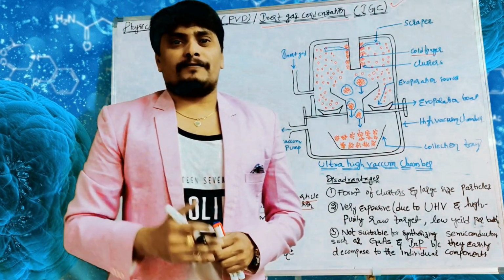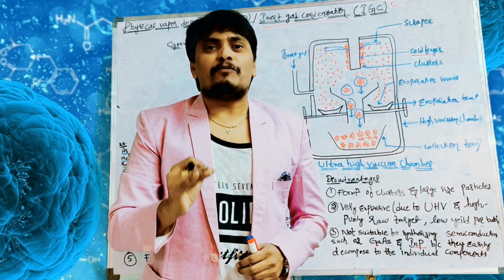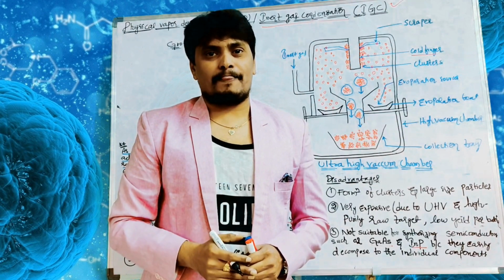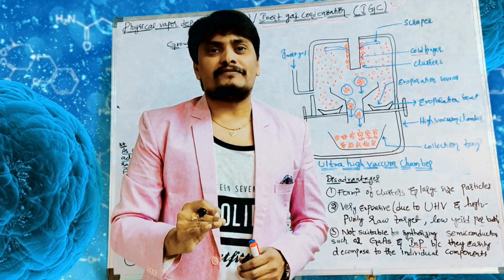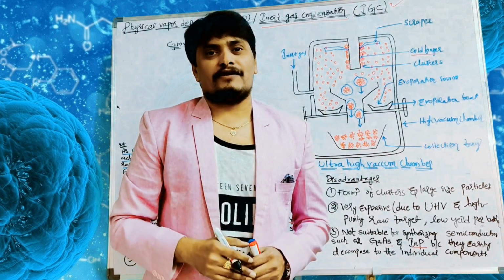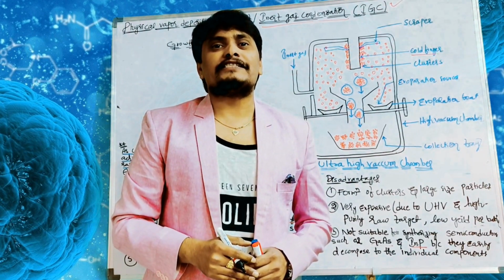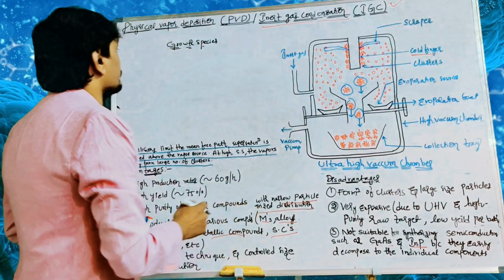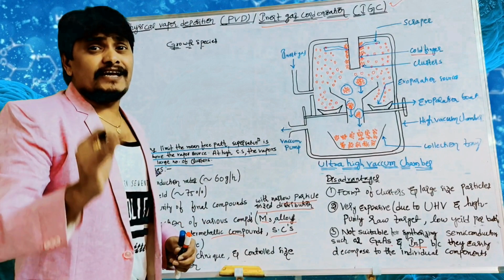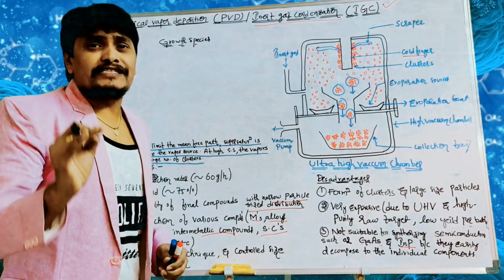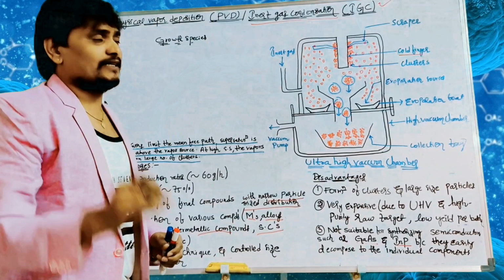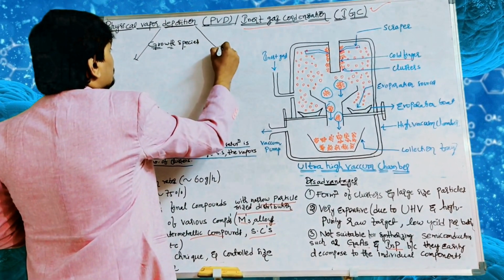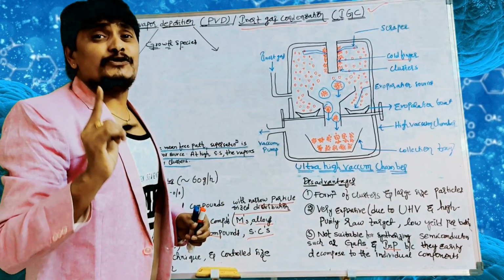Now, based upon the source by which we can remove or eject the growth species from the target, this physical vapor deposition, usually called the PVD method, is categorized into two groups.